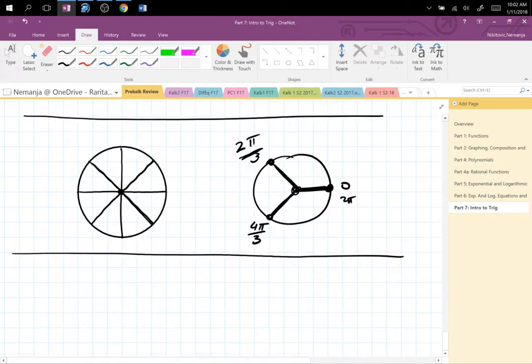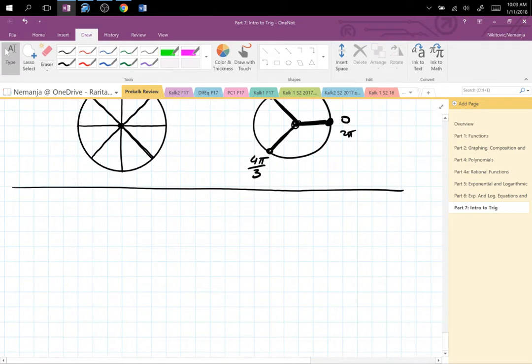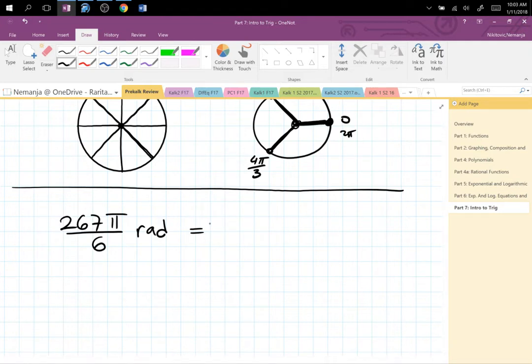So what was the number? 267 pi over 6 radians. Now, I said that this is equal to 22 full circles. Now, one circle is 2 pi, so 22 full circles is actually 44 pi.